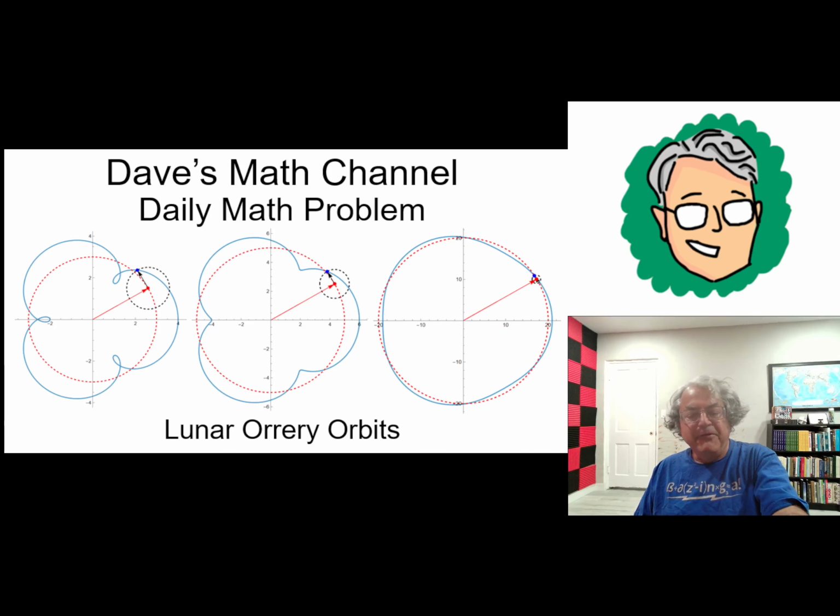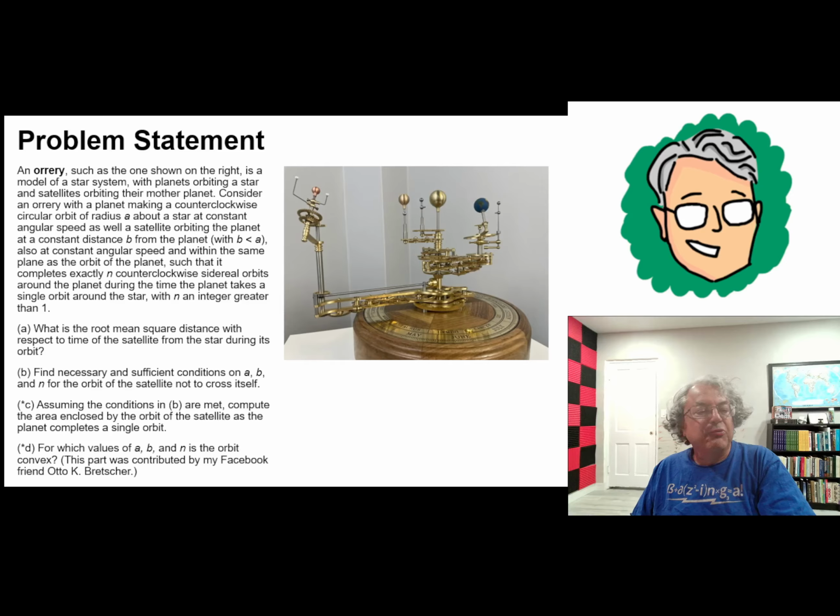I'm going to read my slide here so I can see this. So an orrery, such as the one shown on the right, is a model of a star system with planets orbiting a star and satellites orbiting another planet.